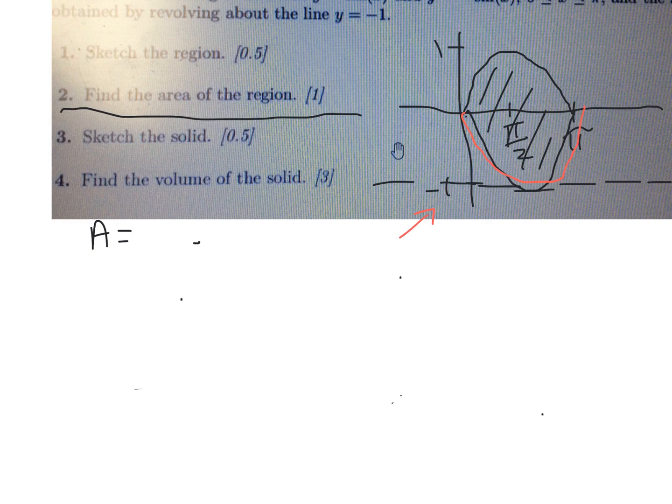How we're going to do that is we're going to look at the top part of it, and if we're spinning around this line at minus 1, then before we get to the top, the radius is already 1 plus whatever sine x happens to be at those points as we're moving along, right? So it's changing. Okay.